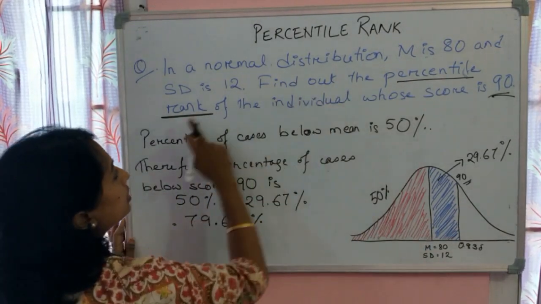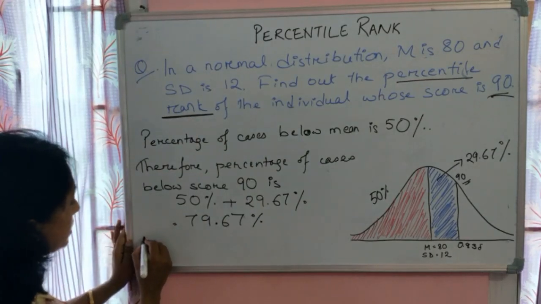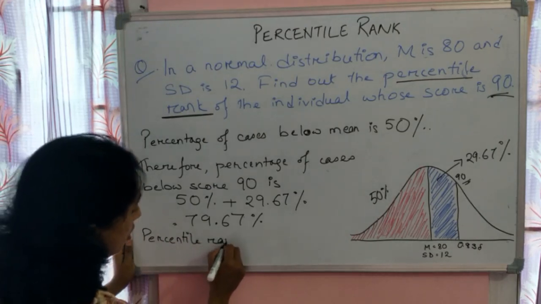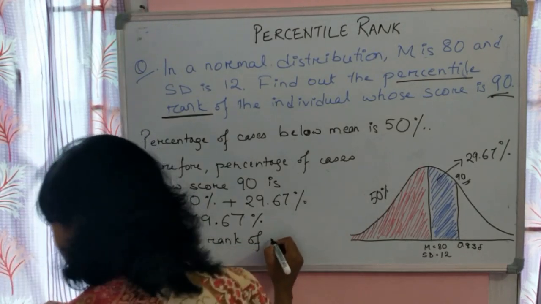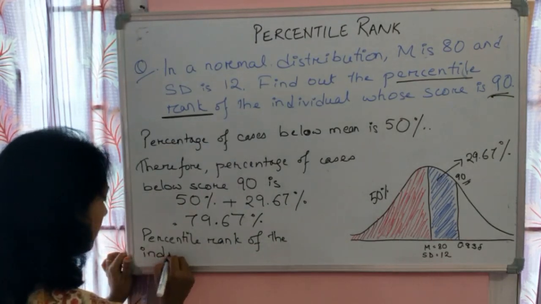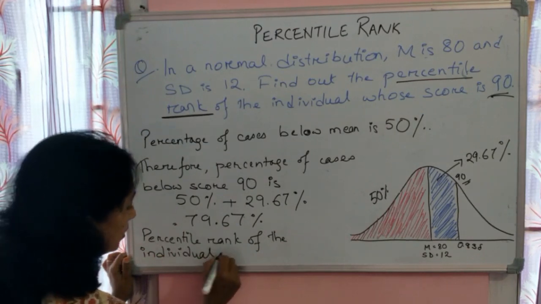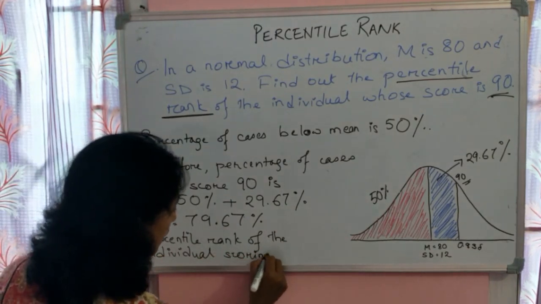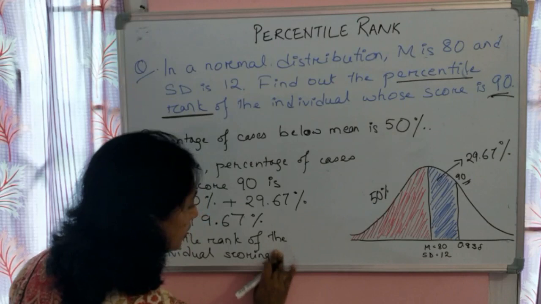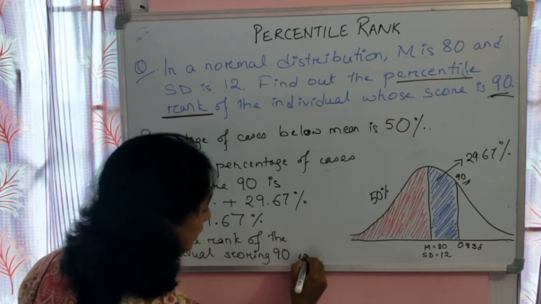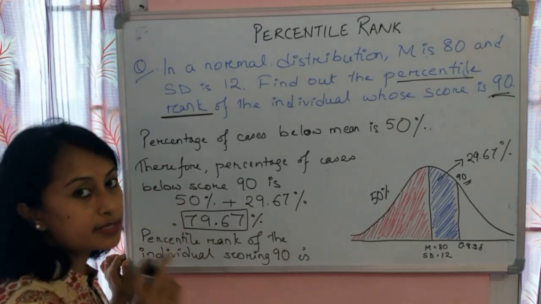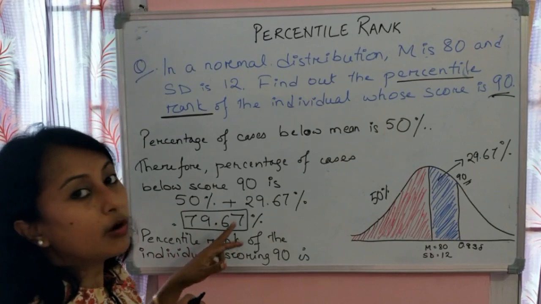The question is to find out the percentile rank. So finally we have to write percentile rank of the individual scoring 90 is, this is the percentile rank, but we do not write percentile rank in points or in percentage.